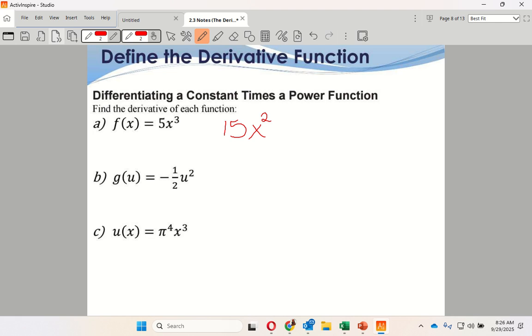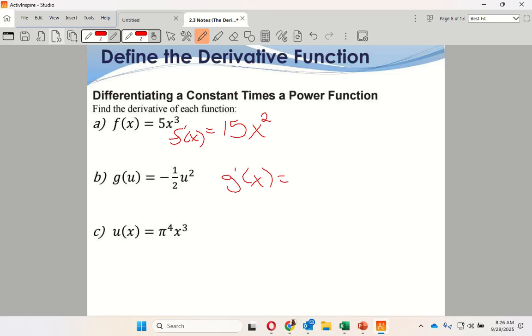All right, same thing goes for the next one. For this next one, my derivative for g, actually, let me write out the whole thing. f prime of x. All right, so what do I do with that 2?